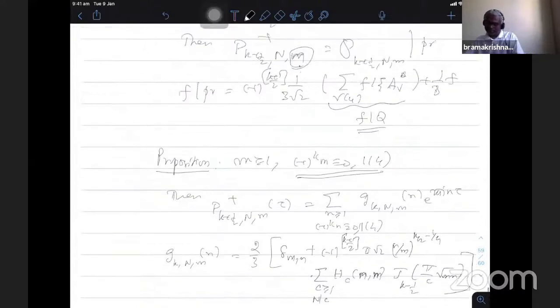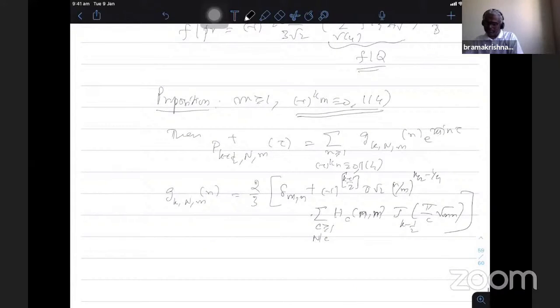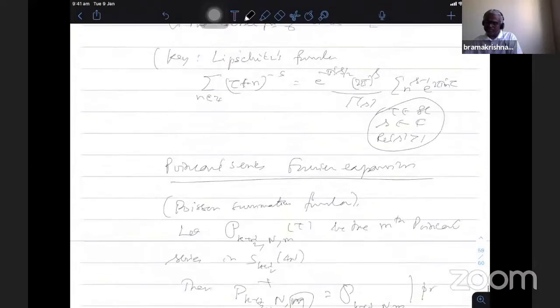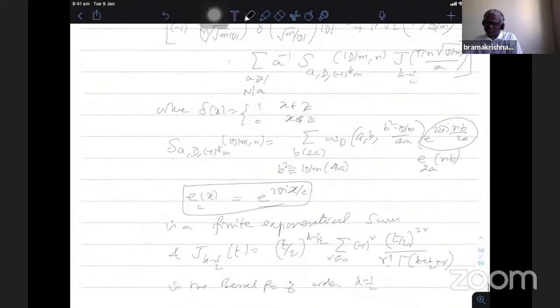So we also have the Fourier expansion of the Poincaré series having two components. The second component involves some kind of exponential sum together with the Bessel function. Okay, like this.